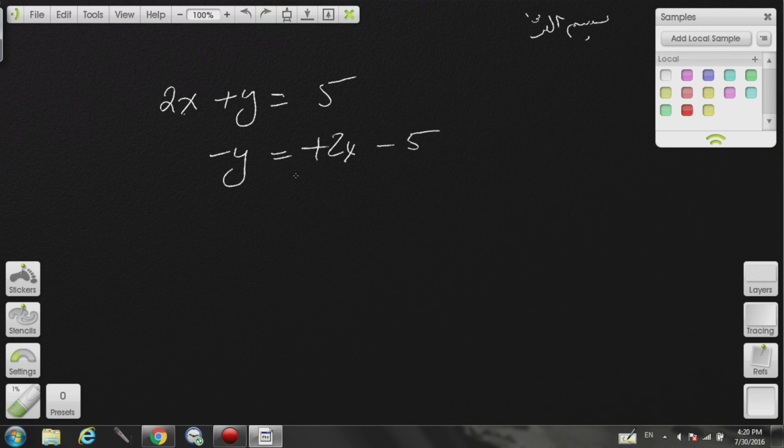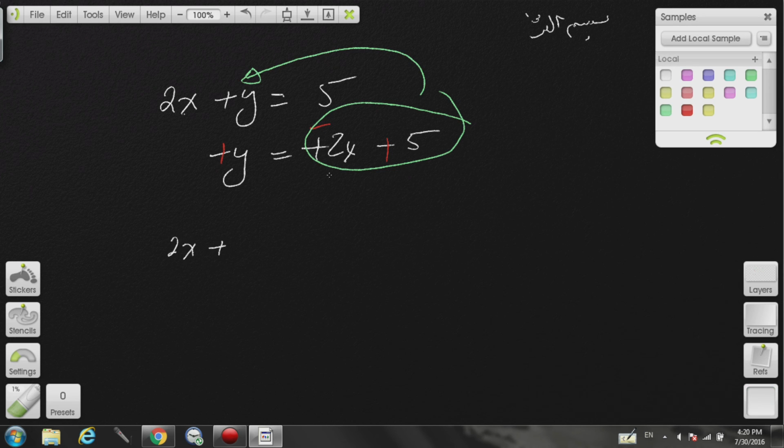First thing I'm going to do is get rid of this negative 1 by multiplying the whole equation by negative 1. So I get this. Do you understand? Then I can substitute this in place of y. Then I get 2x plus y, which is minus 2x plus 5, equals 5.